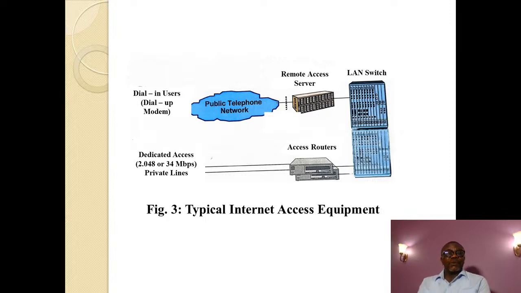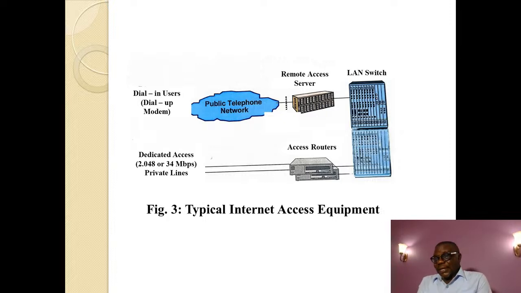Also, you can have a dedicated server using a high capacity of between 2.048 or 34 Mbps private lines.